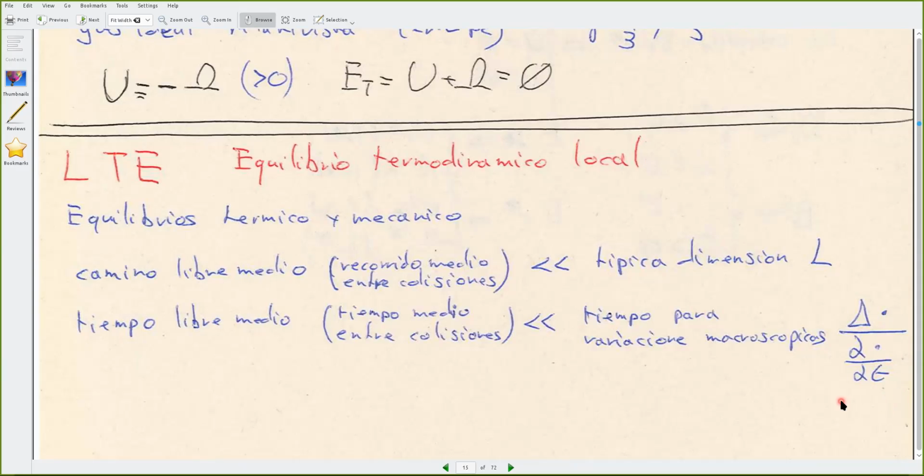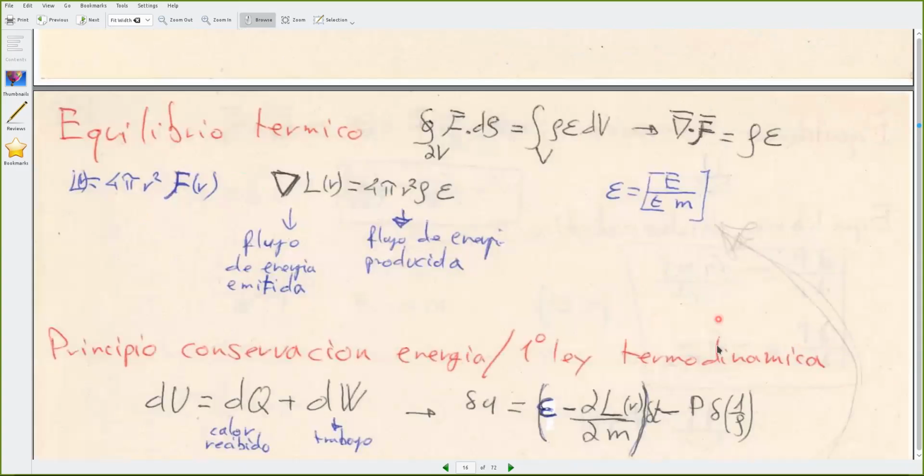So, for example, the change in temperature divided by the time in which the temperature can vary.